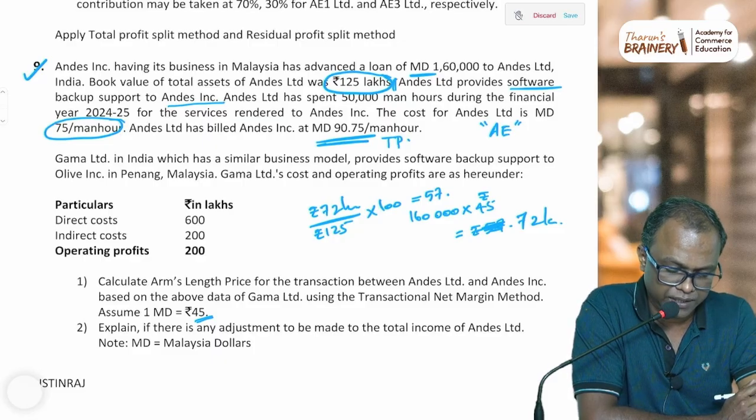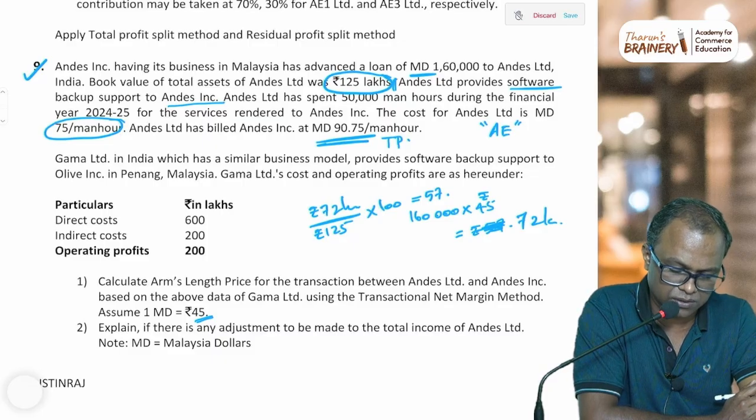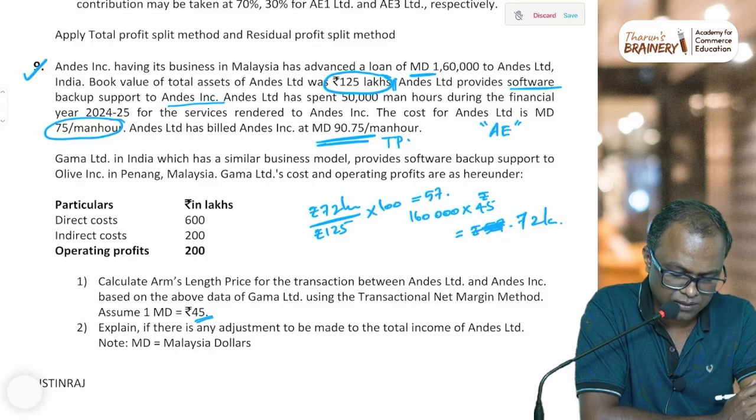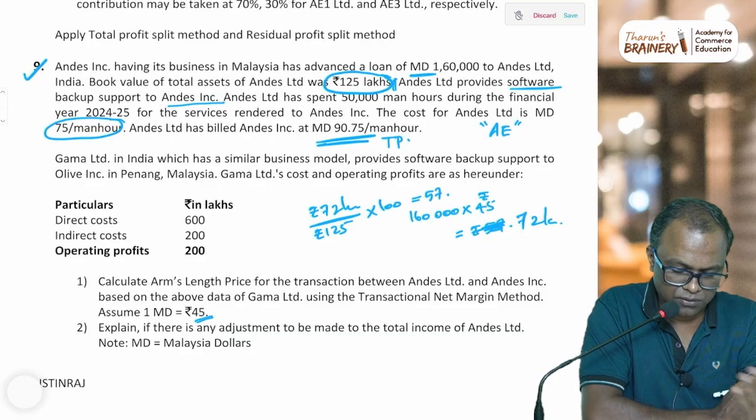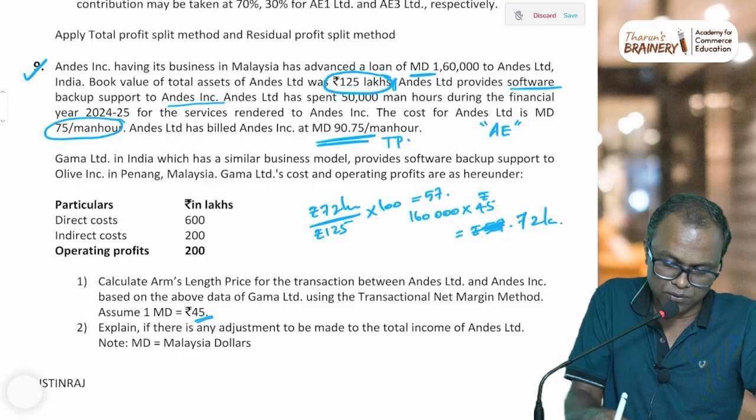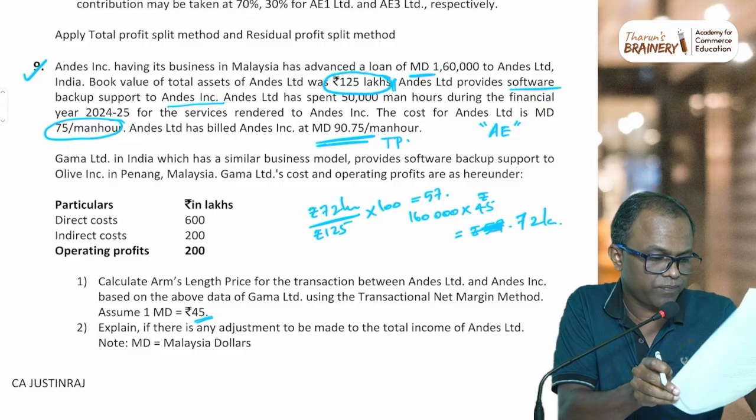Calculate arm's length price for the transaction between Andes Limited and Andes Incorporation based on the above data of Gamma Limited using transaction net margin method. Assume 1 Malaysian dollar is equal to rupees 45. Explain if there is any adjustment to be made to the total income of Andes Limited.